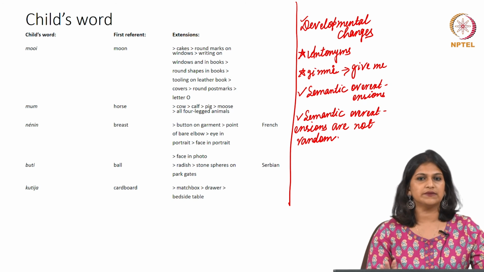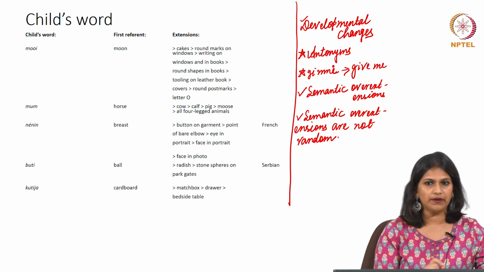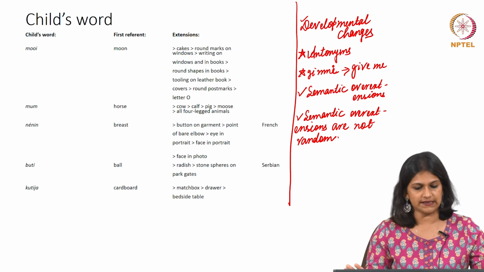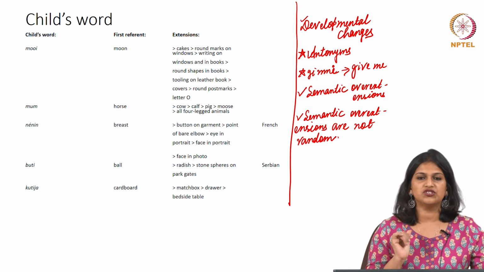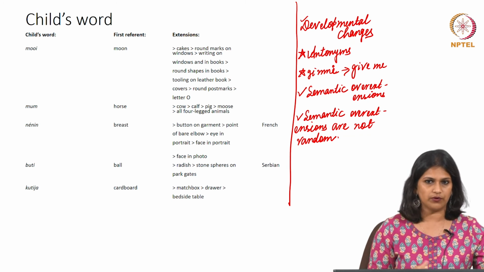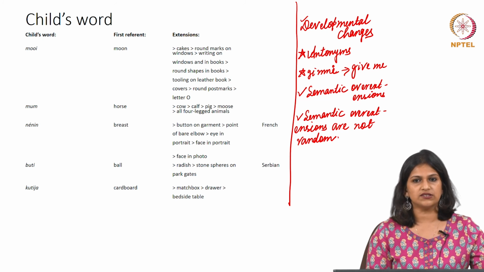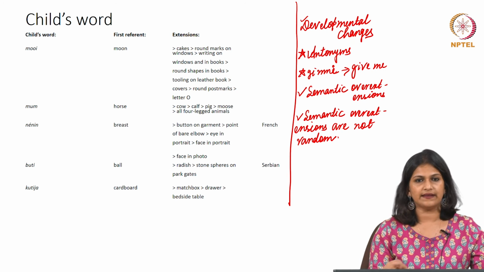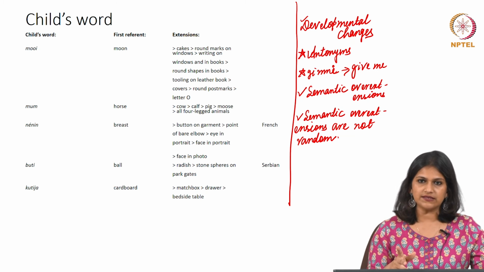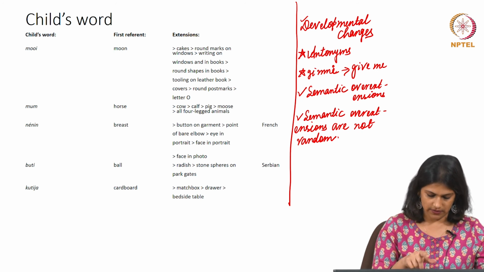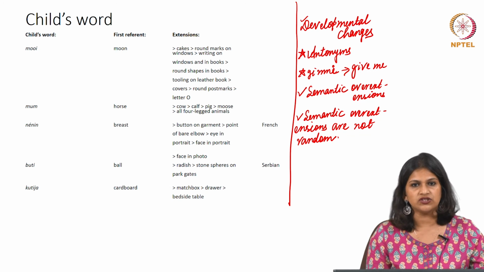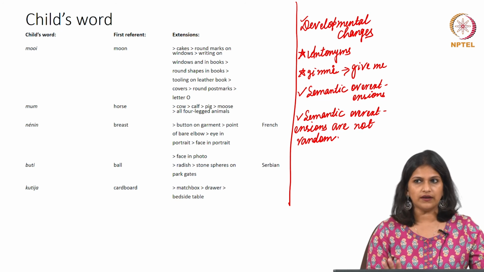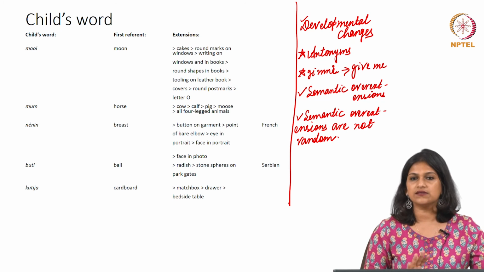So there is a striking similarity between the significance of a shape and how the child is going to extend it. Shape of a moon, shape of a horse, shape of a breast, shape of a ball, and shape of a cardboard: in the overextensions that you see here, there has been a matching, right. Because of this relation between the first referent and the semantic extension, we must say that this is not random.